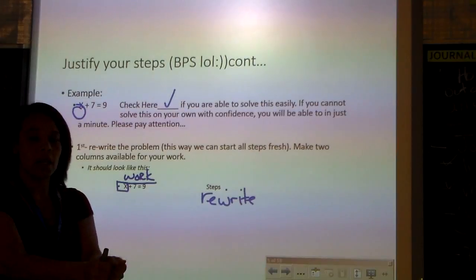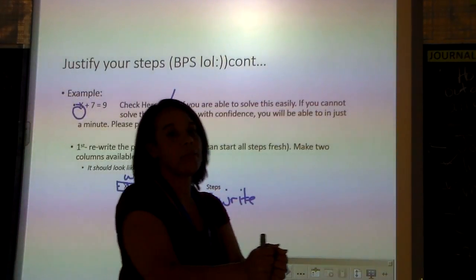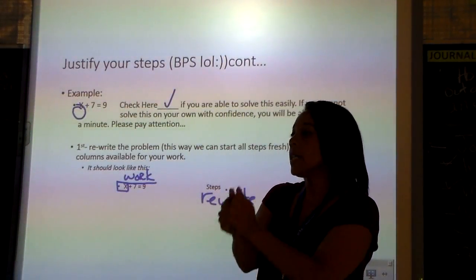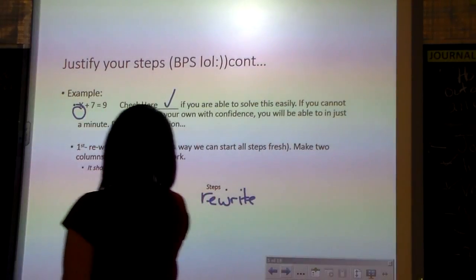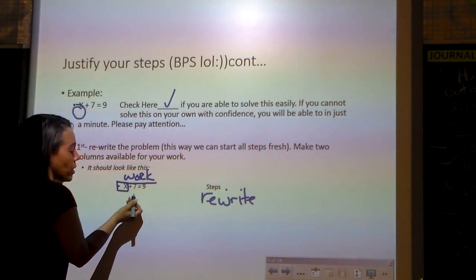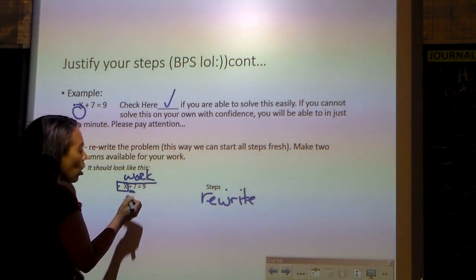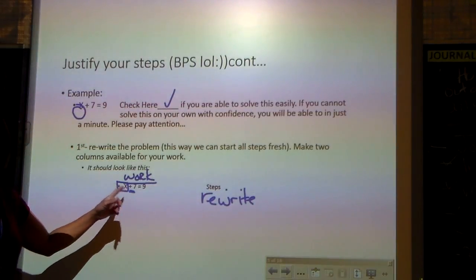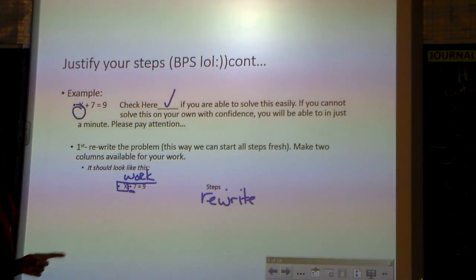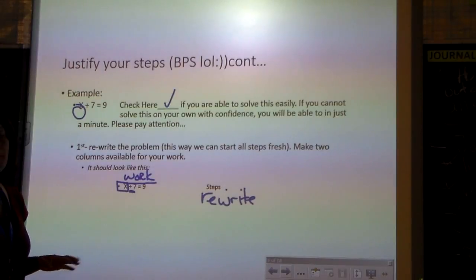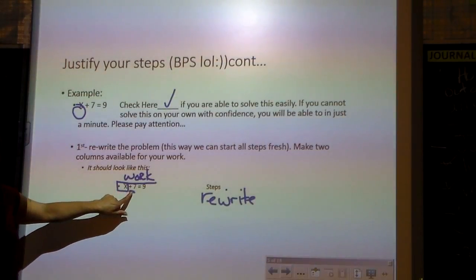That means I'm locking him in solitary confinement. When I do that, I have to see what is here with my x that needs to go. Well, there's a plus 7 there with the x that cannot be there in order for x to be alone. That's where, in order to undo or cancel out, I do the opposite.